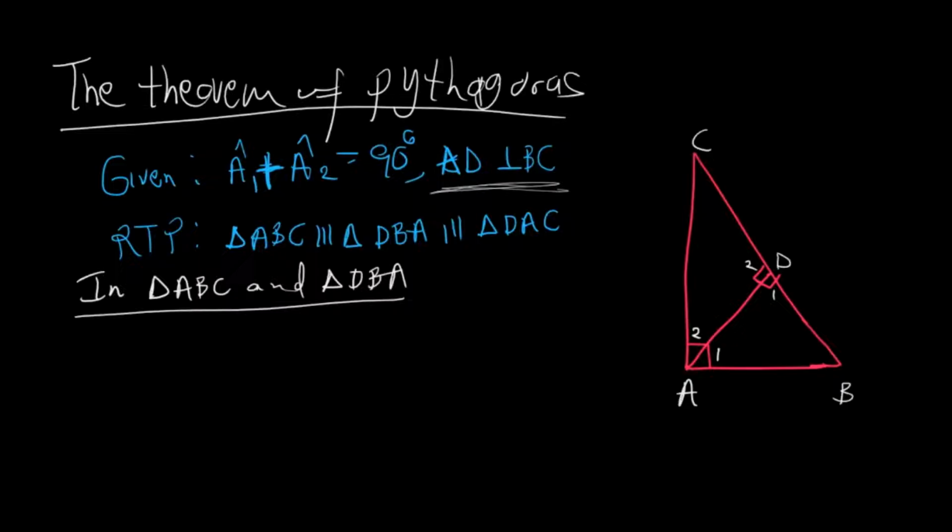Obviously, we'll be checking the angles and the sides if the sides are there, but most importantly here, we'll be looking at the angles because that's what we have. If you check, angle A is equal to angle D1, which is equal to 90 degrees.